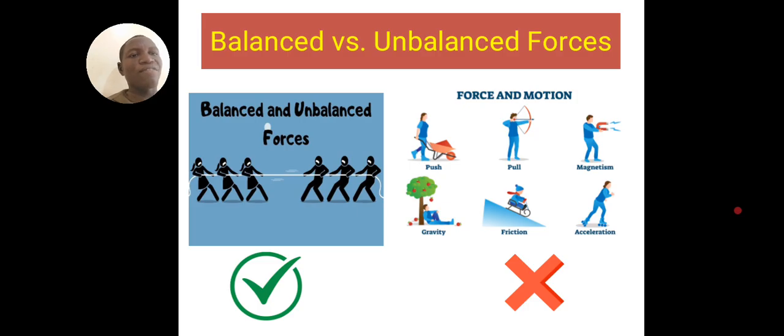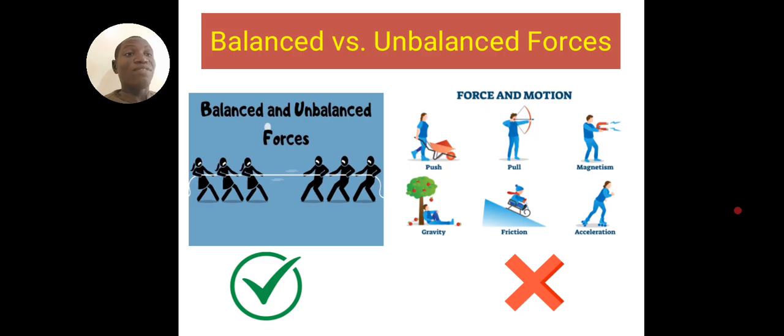The magnet has a force of attraction. Then fruits falling under the force of gravity, friction, a man sliding down, and acceleration, a woman with tire shoes, sliding or running on a smooth road.